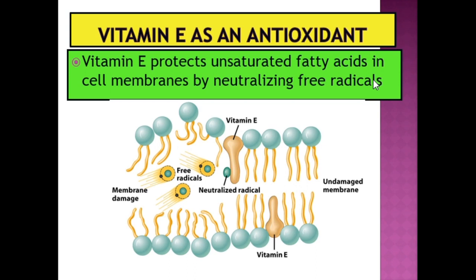For example, stress can also be one of the factors that increase free radicals in our body. So if we want to reduce the risk of cancer, we have to take enough vitamin E because it plays an important function as an antioxidant.